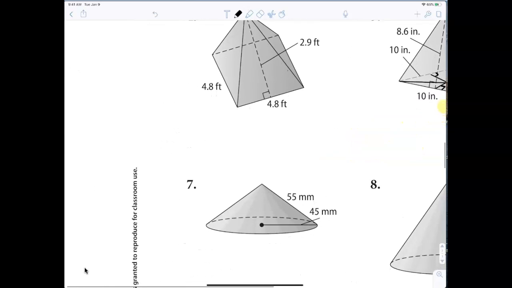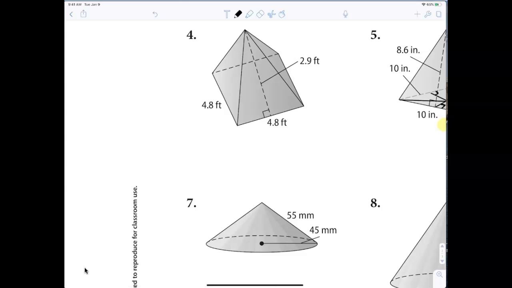Yes. All right. Tell me what the formula is. SA equals B plus 1/2 EL. Beautiful. So then surface area equals base is 23.04.